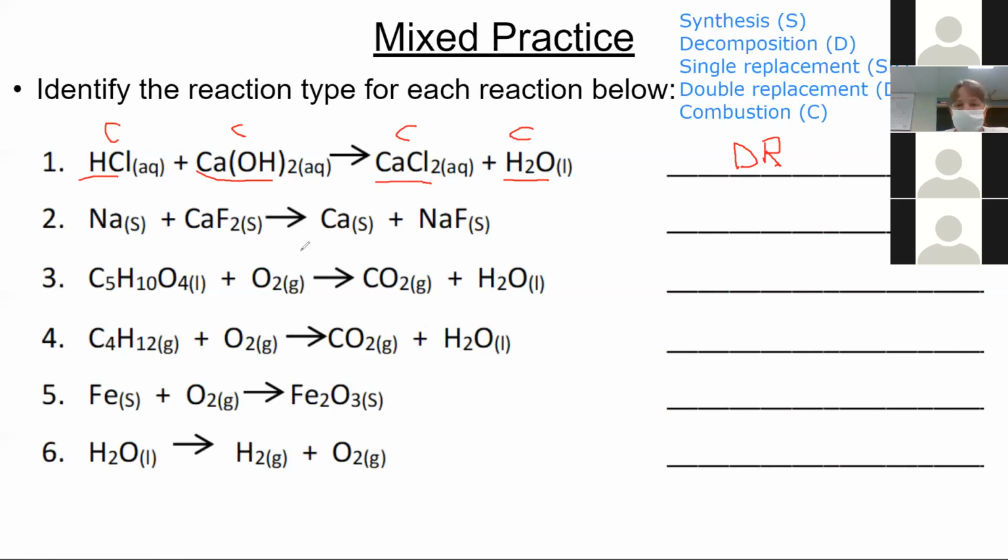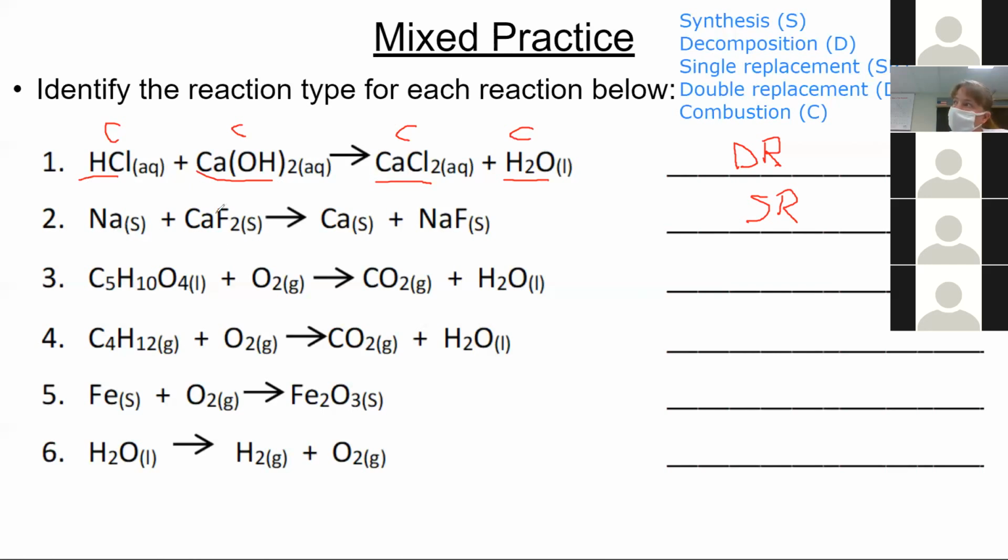Okay, number 2, Jason, what do you think there? Is it single replacement? It is. How did you know that? Was kind of a guess. Kind of a guess. What's the pattern for single replacement? If double replacement was compound, compound, compound, compound, what do we know about single replacement?